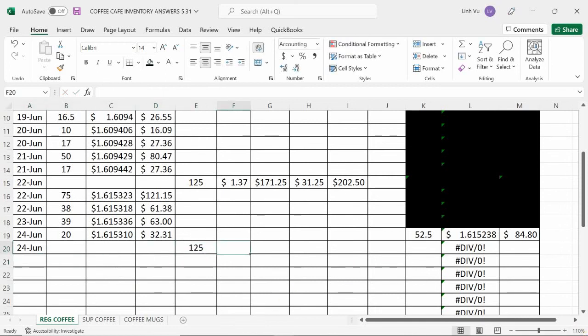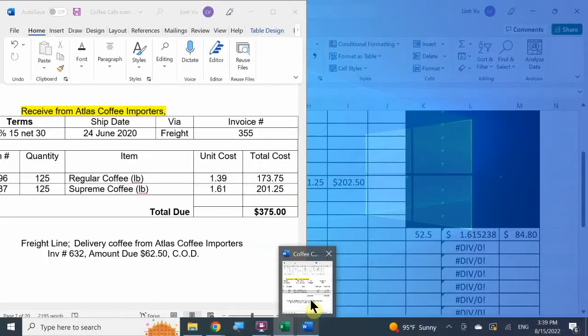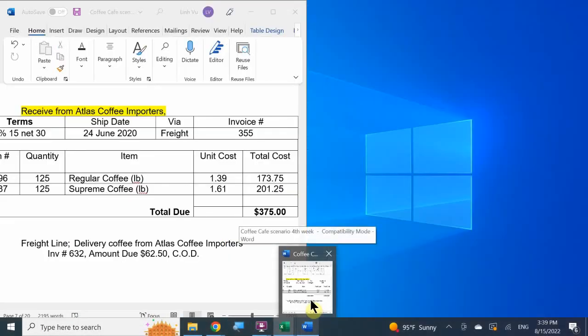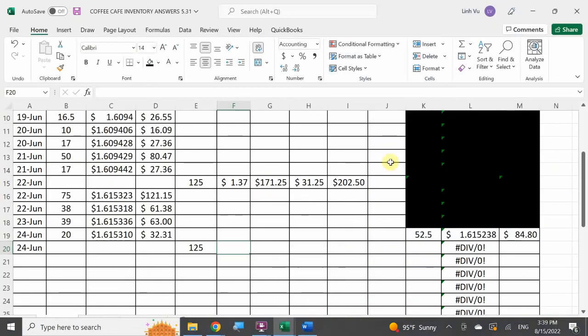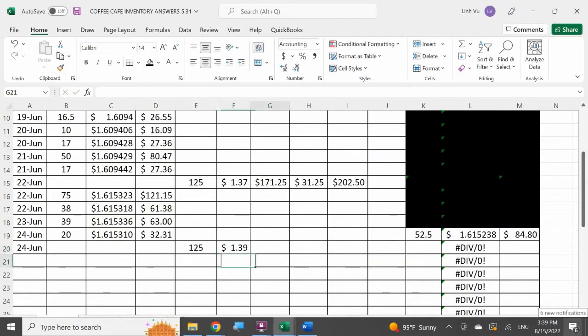We purchased 125. Oh, I didn't see what it said we bought it at this time. 139 and 161. Okay. So at 139, and then the 31.25.